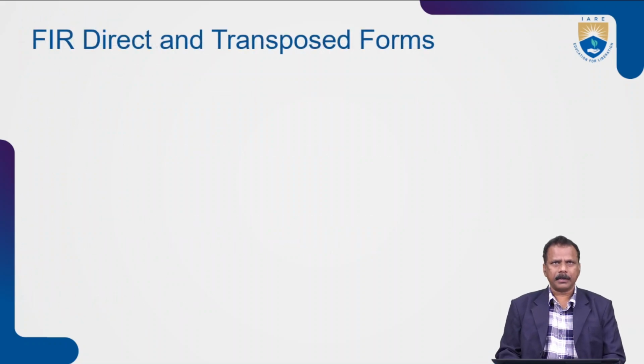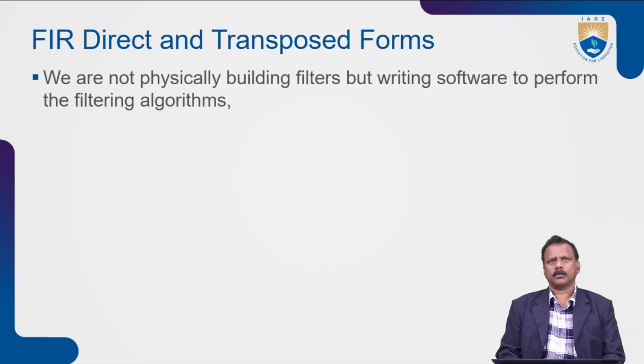Now coming to the finite impulse response direct and transpose forms. We are not physically building the filters, but writing software to perform the filtering algorithms. This is the main motto for designing a finite impulse response filter, like a digital filter.